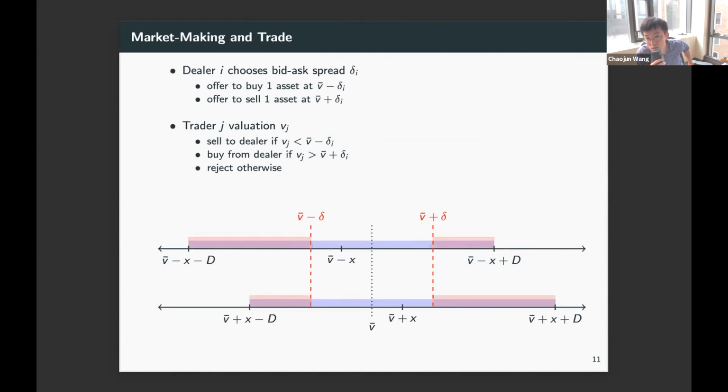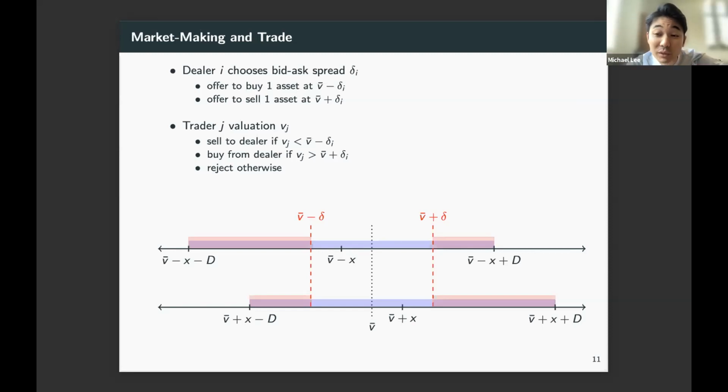The extreme case is that you shift it all the way to the right so that it hits the boundary of V bar minus X plus D, so that if the guy actually buys, it has to be a high valuation person. So that's a great point.